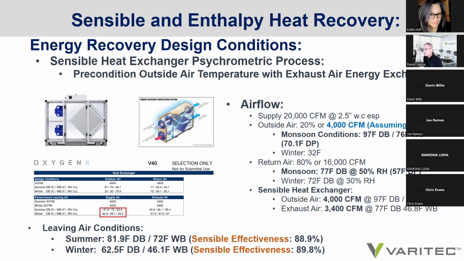So exhaust air is often less than the outside air to the space. Well, if we look at a sensible heat exchanger process, we have a sensible thermal energy transfer effectiveness of approximately 88% or 89%, depending on summer or winter conditions.